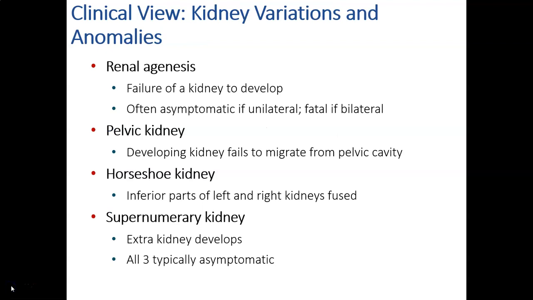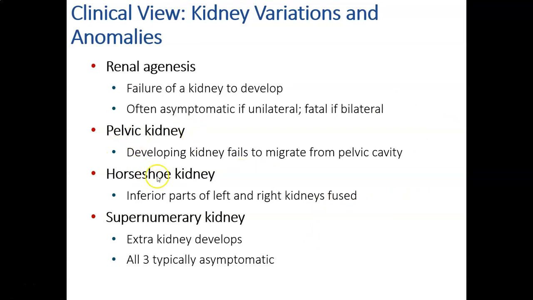We all know we only need one healthy kidney to be able to function normally. So there are some kidney variations. You could have only one kidney when the other one failed to develop, or you could have three kidneys, but all of them are normal. You wouldn't usually have symptoms if that kidney is healthy.